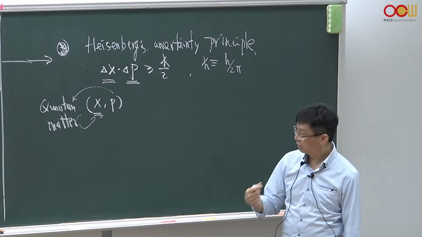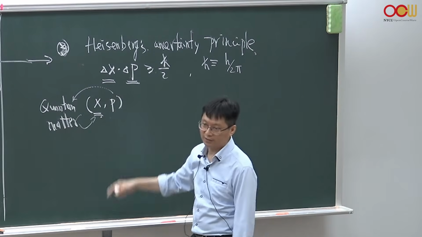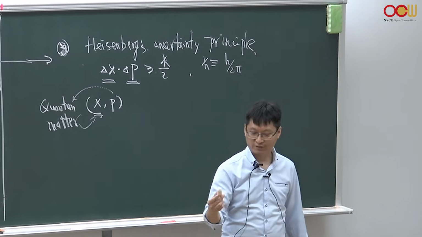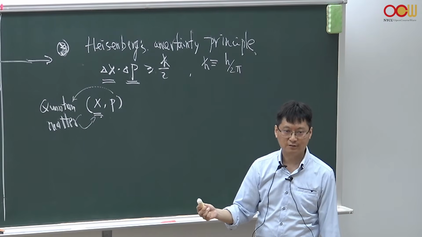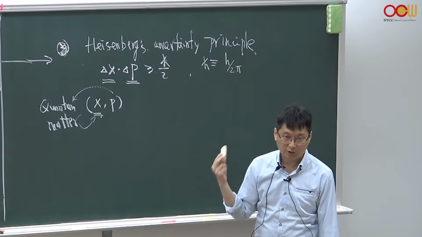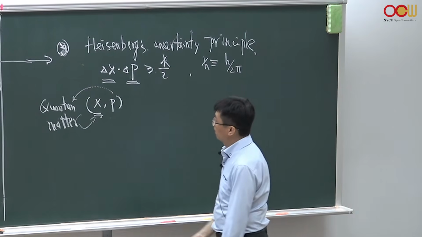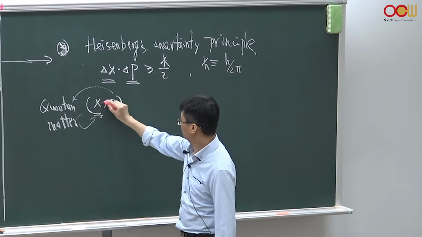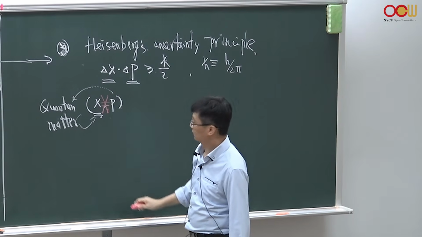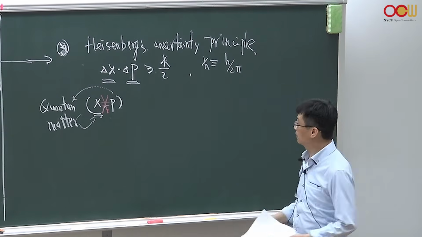For a classical object, this is easy, because you know the momentum of this piece of chalk and also the position of this piece of chalk, so you can determine them 100% certain. But for quantum matter, you cannot simultaneously acquire such information.